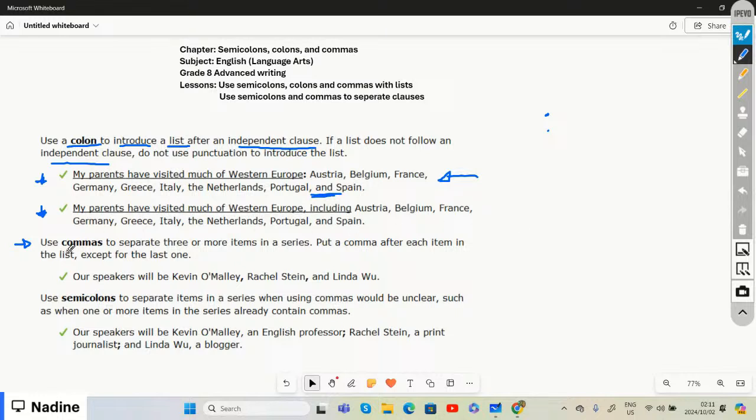So we put a comma after each item in the list, except for the last one. That is where we add "and" by the last one. So we don't add a comma before Spain, for example, because "and" is there, because now we are ending off.